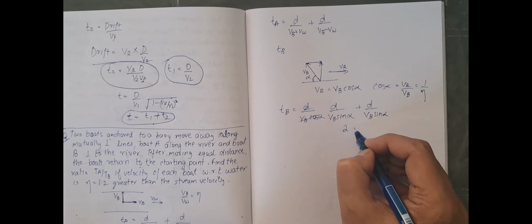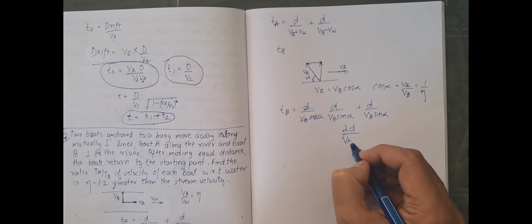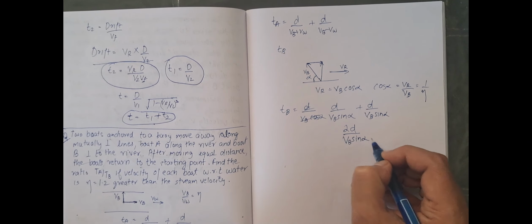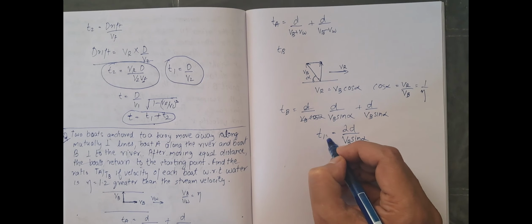This will be equal to 2d by VB sin alpha. TB.